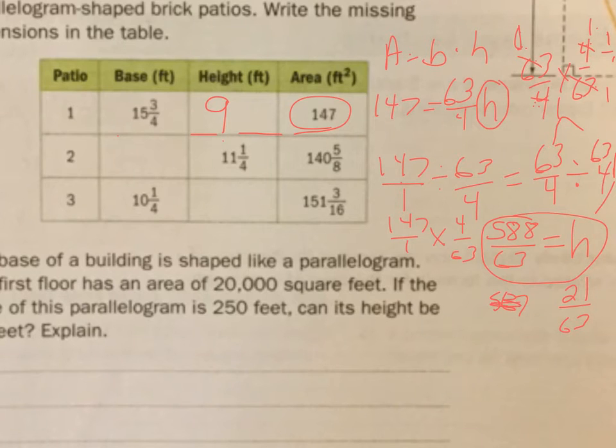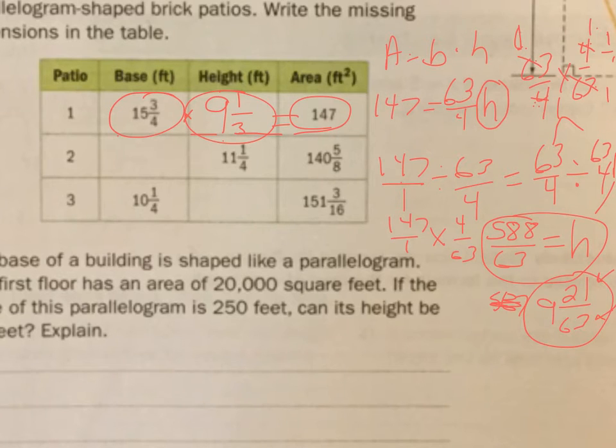So it is 9 and 21/63. But I can reduce this because I know that 21 goes into this and 21 goes into this. So 21 divided by 21 is 1. 21 goes into 63 3 times. So it's 9 1/3. Now the way I could figure this out to make sure I did it right is if I take that times that, it should get me that. And it would.